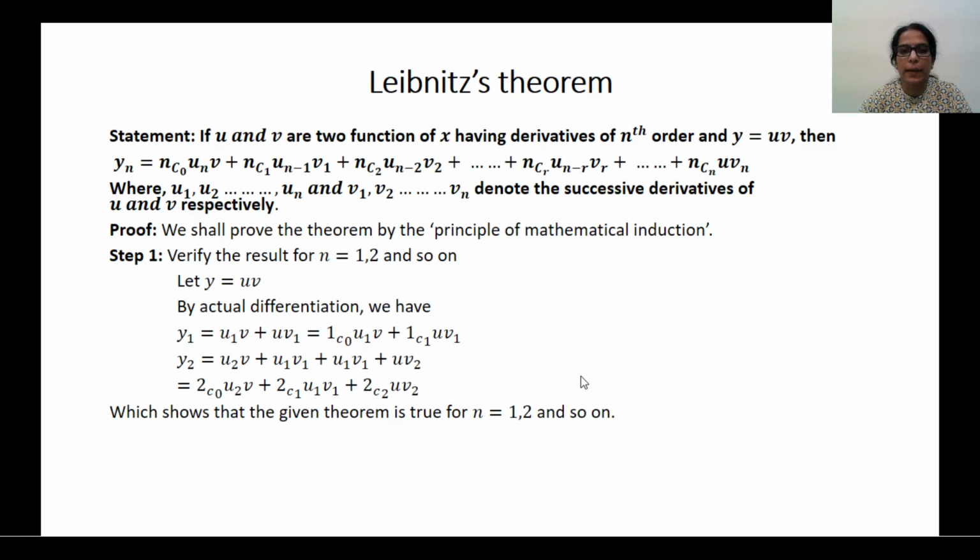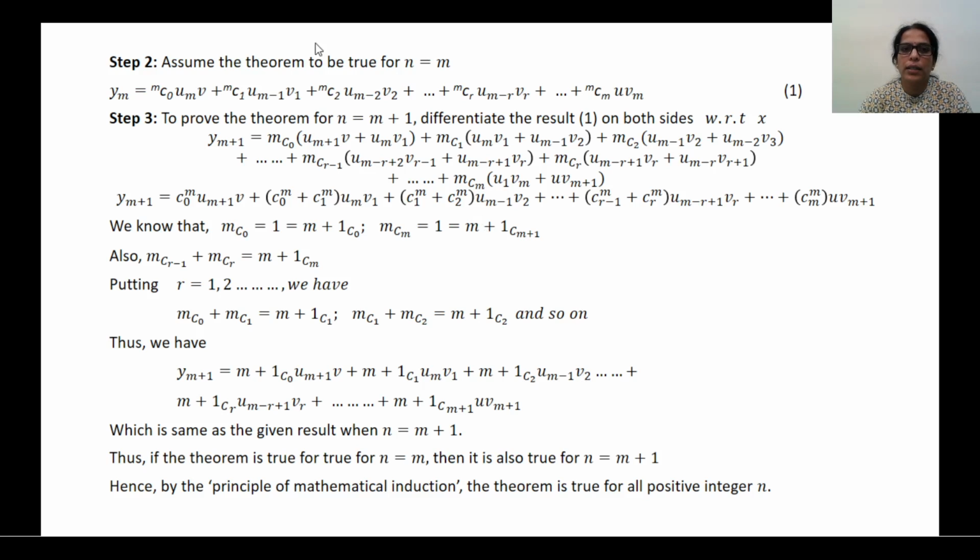Now the second step: we should assume the theorem is true for n equal to m. Wherever n is there in the result, replace it by m and assume this is true. So ym equal to mC0 um v plus mC1 u(m-1) v1 plus mC2 u(m-2) into v2 plus etc. plus mCr u(m-r) vr.